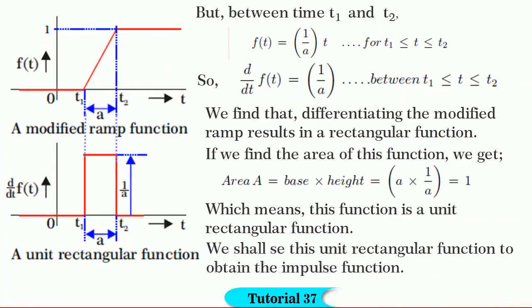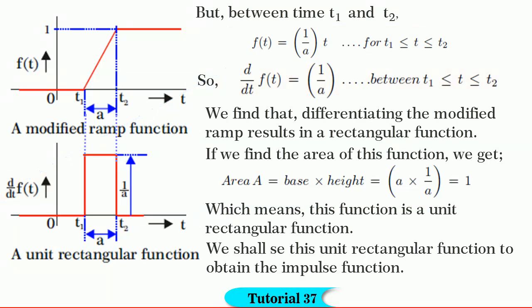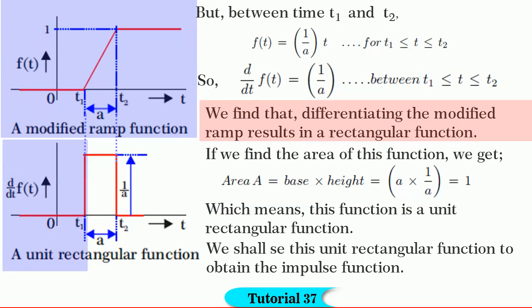But between the time t1 and t2, f of t is equal to 1 by a into t. So, d by dt of f of t during this interval between t1 and t2 is 1 divided by a. Hence, we find that differentiating the modified ramp results in a rectangular function.